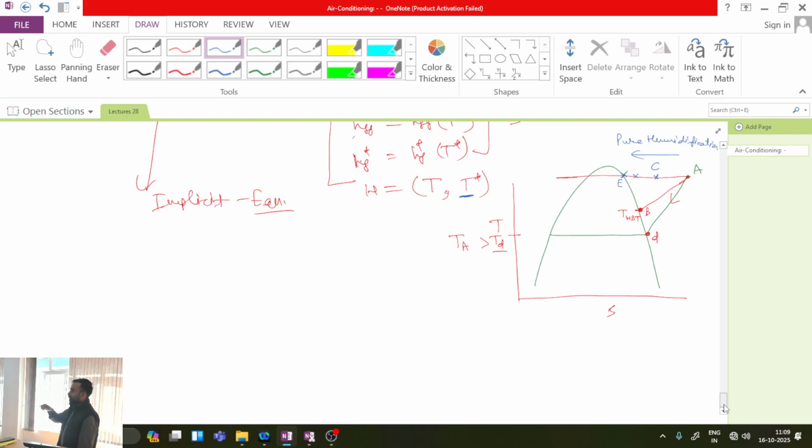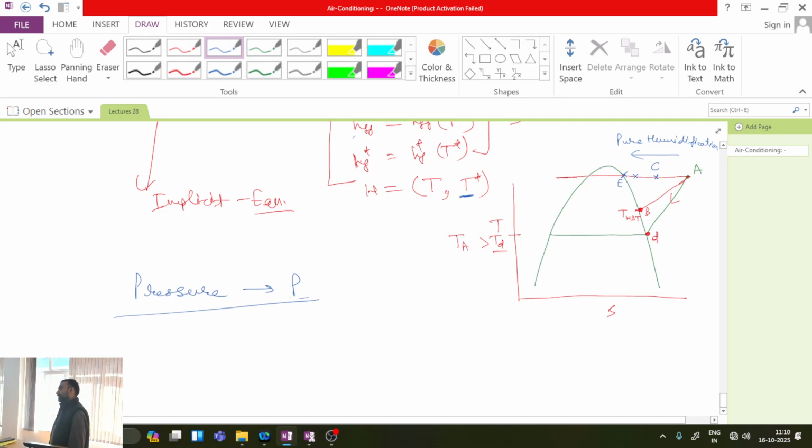With the help of these 3 properties, I can calculate all other parameters, because then I will be easily able to represent that state on my property diagram. So what could be the 3 important properties? First thing is, if I use a barometer in the room, then I can calculate the pressure. So with a barometer I will be able to calculate total pressure P. So the first important property which I would be able to easily calculate is pressure.